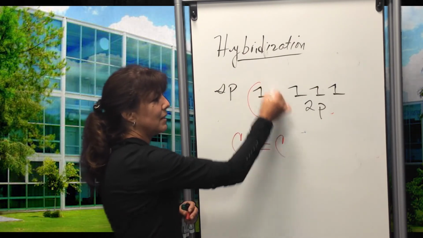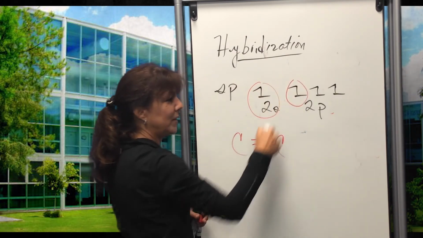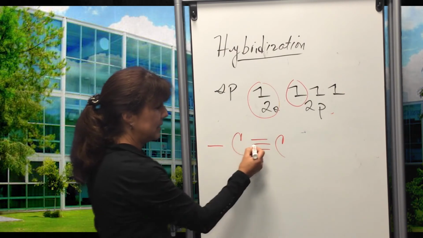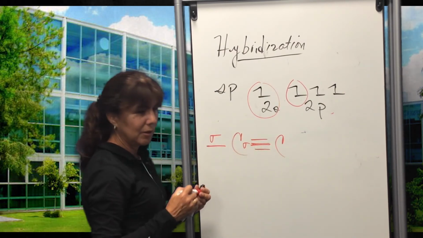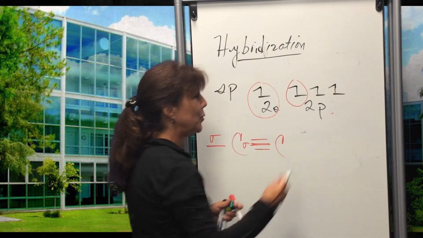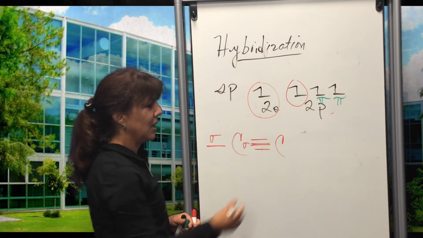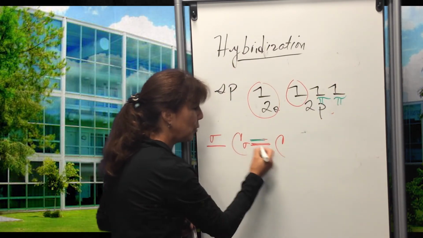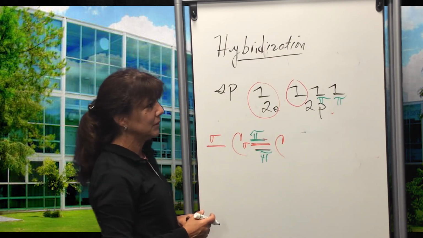You're going to be using this hybrid orbital in s, this hybrid orbital in p. This and this are going to be my sigma or single bonds. And you have left 2 pure or pi electrons. With those 2 electrons, you're forming your triple bond.